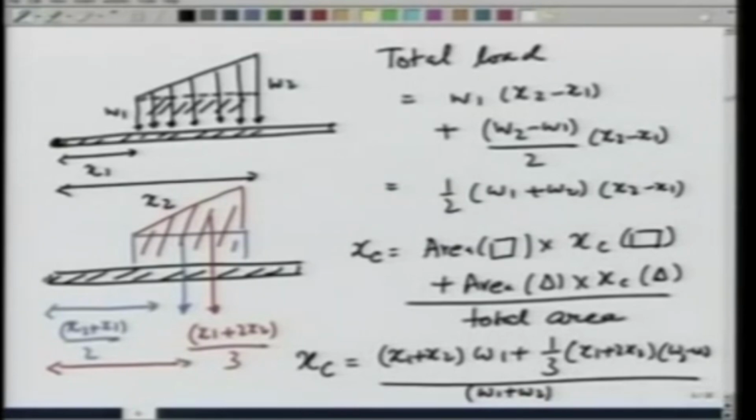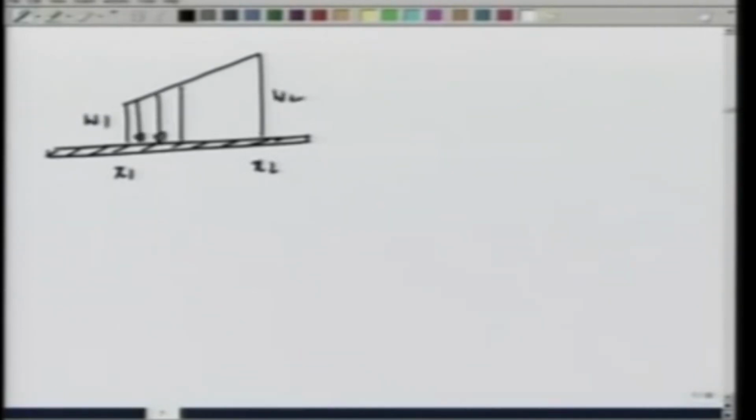Let me write it again. So, what we are considering is this beam which is loaded from point x1 to point x2 with this trapezoidal load.